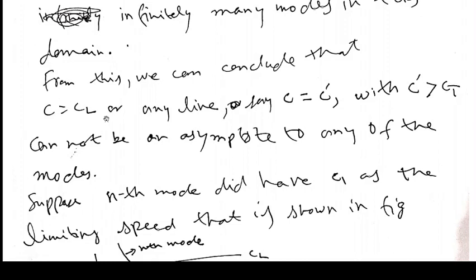There is a result along the value of CL: we can see that the slope of the modes is approaching 0. The slope of the modes approaches 0, but the modes can never approach CL.